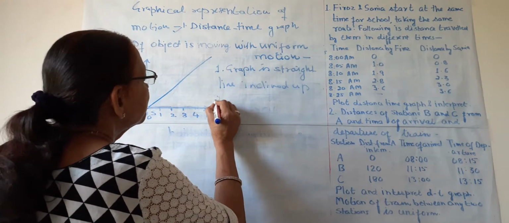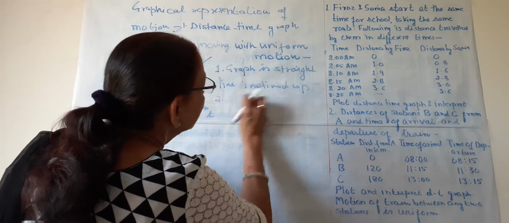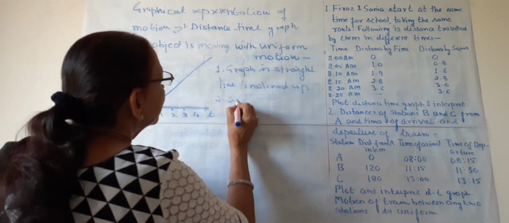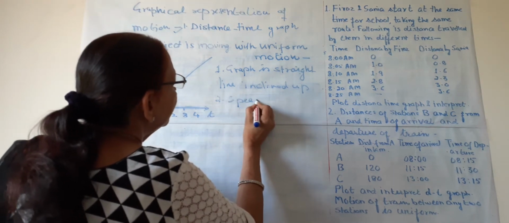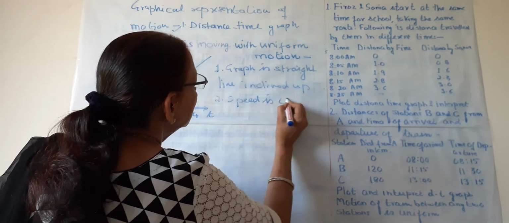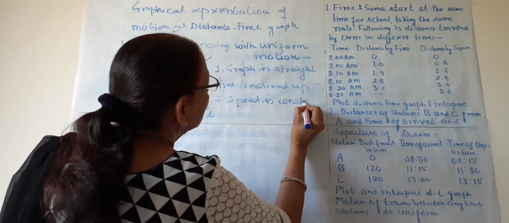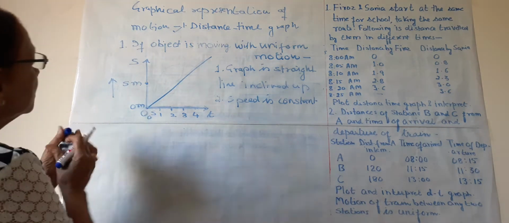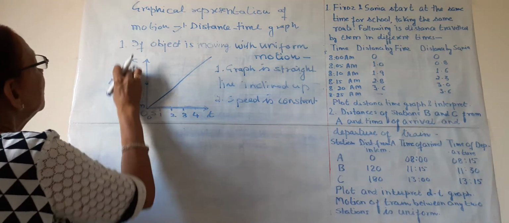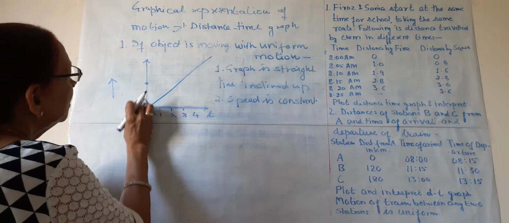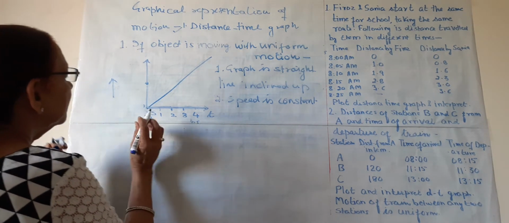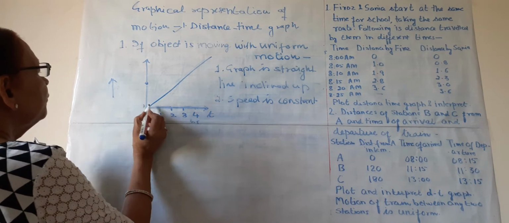This is the first point. Second point we will write is speed is constant. What does it mean? Suppose this is in hours: 1 hour, 2 hour, 3 hour, 4 hour.